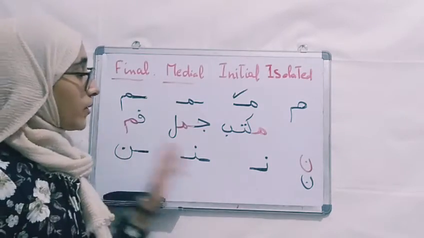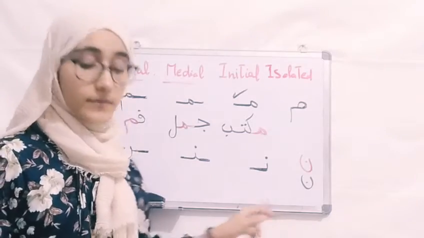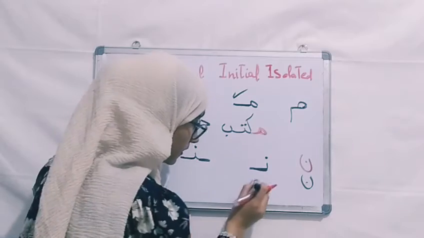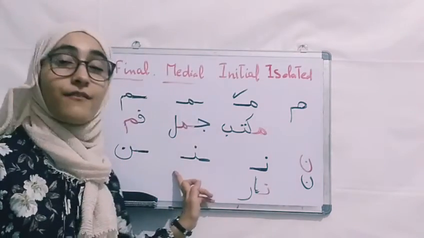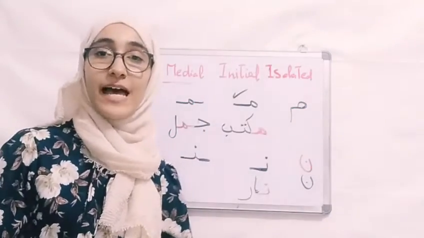For example, we have نار, which means fire, as I told you. In the middle form we have بناء, which means building.